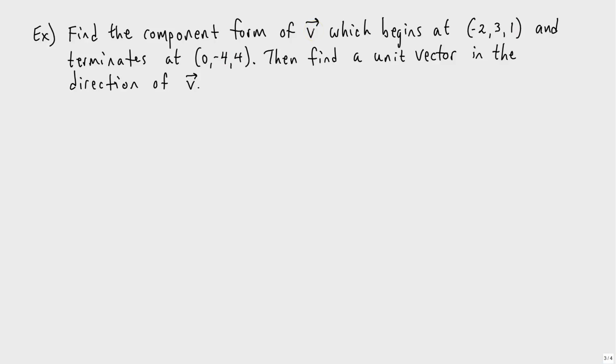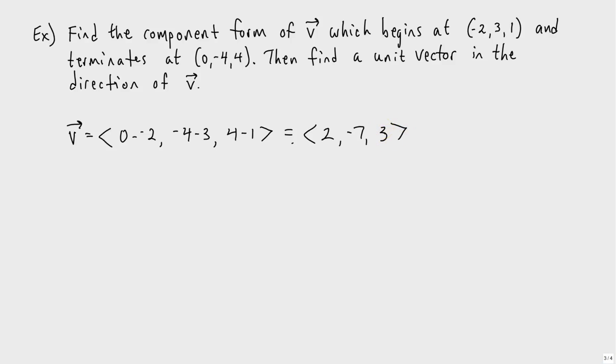So vector v is going to represent all of the directed line segments equivalent to this one. Well, let's write vector v in component form. We're going to go 0 minus -2, and -4 minus 3, and then 4 minus 1. And that's going to come out to be 2, -7, 3.